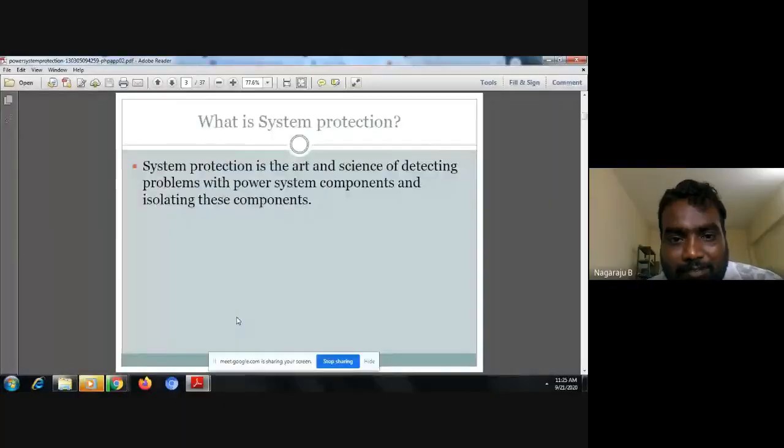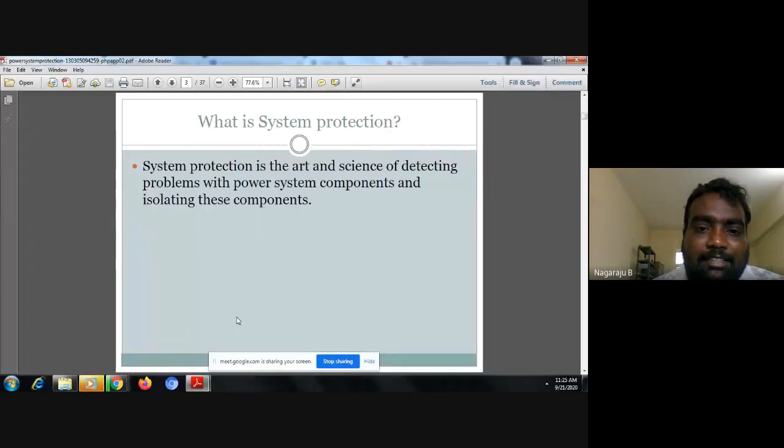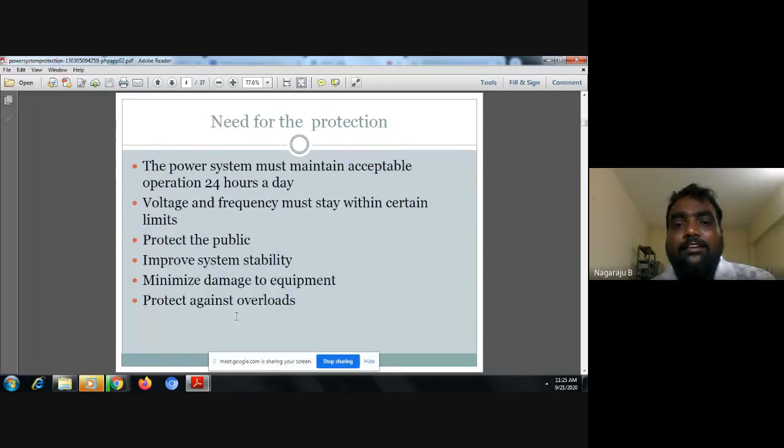So, what is protection? Protection is the art and the science of detecting problems with the power system components and isolating these components. The need of the protection is to maintain 24 hours power supply. And you need to maintain the voltage and frequency within certain limits and to protect the public.